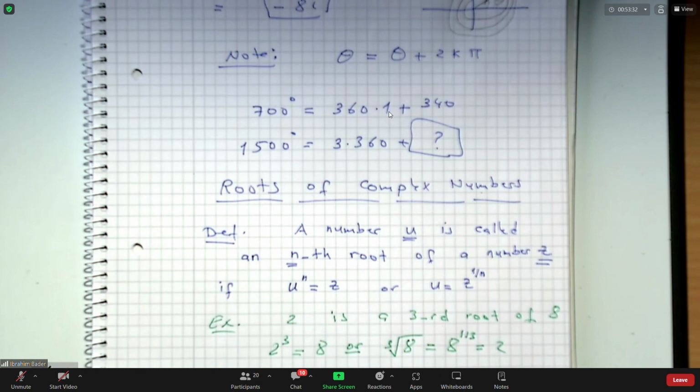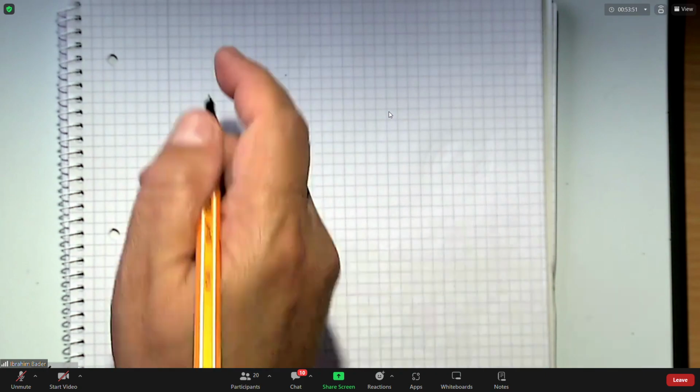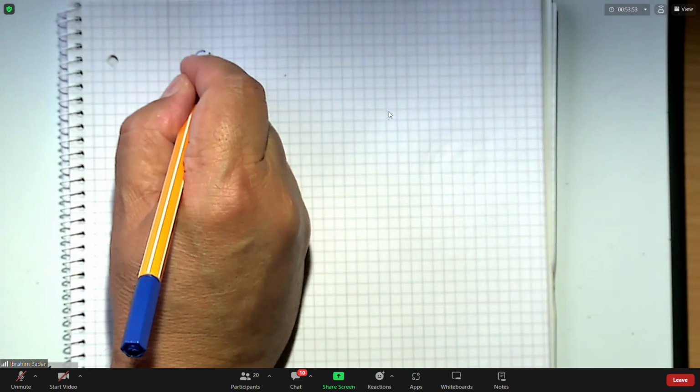Now, if we want to apply this fact to De Moivre's theorem, let's see what we get. Let's assume we have two numbers, one we call z and the other we call u.